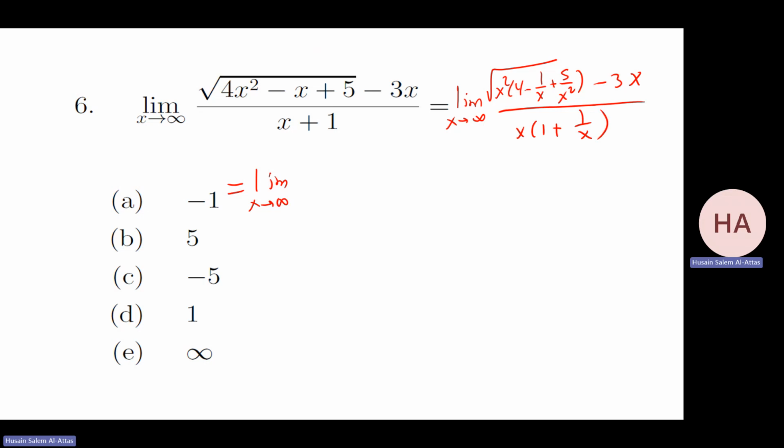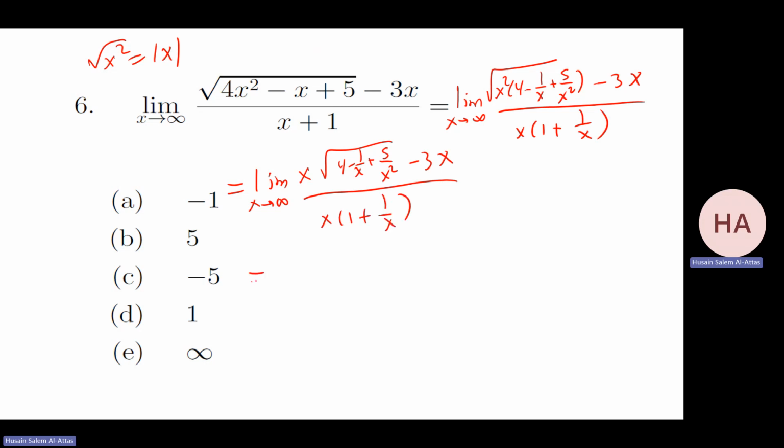I took square root x squared, which is the absolute value of x, which is x. Can make it x quickly. That will not make a big difference. If it is minus, I need to be careful. Okay. So take a limit, take a common factor to cancel it with the denominator.